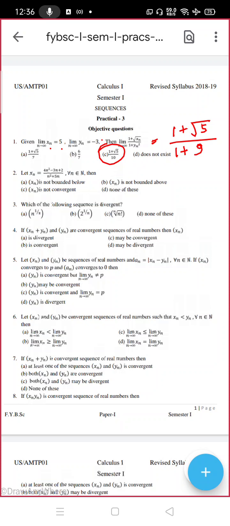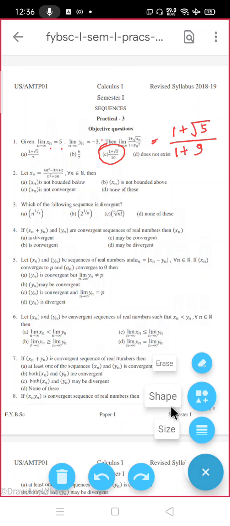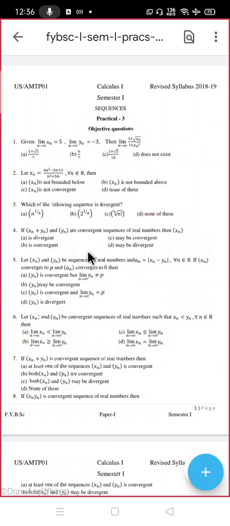Correct? What else? No, you just tell me what you have marked, then I'll say whether it is correct or not. Okay, is that fine?